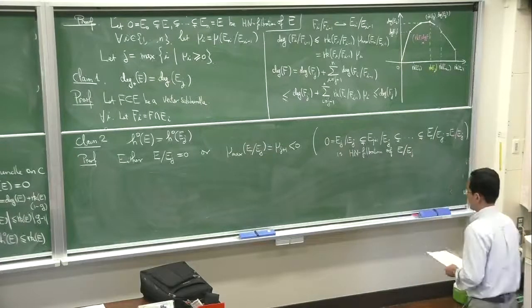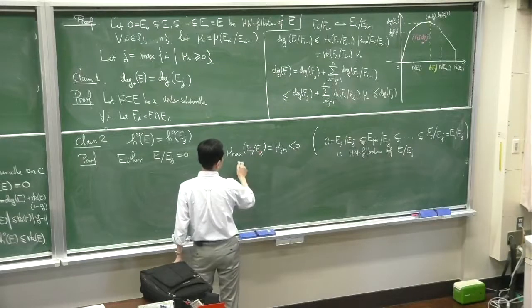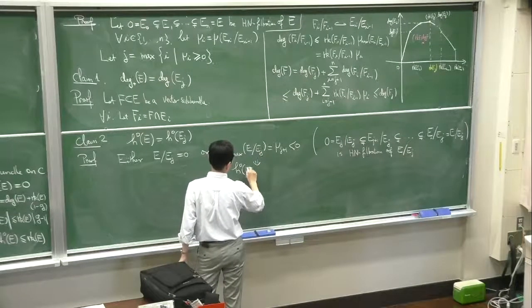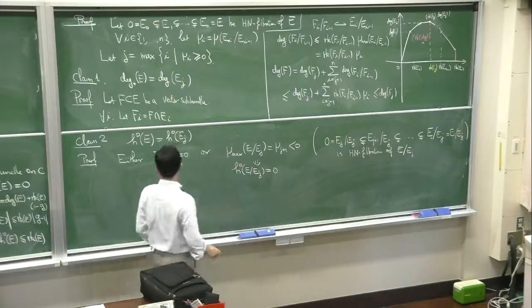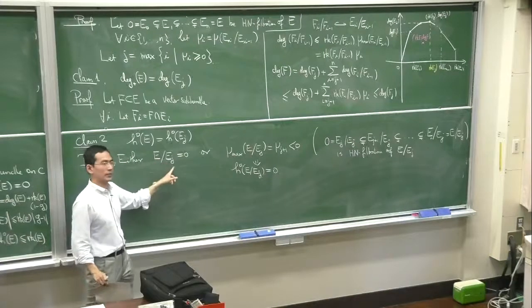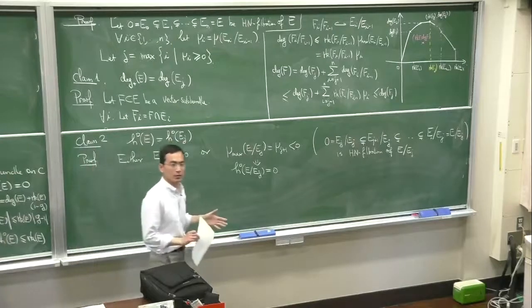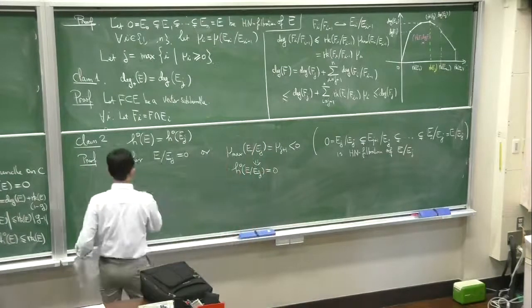So you will have this observation. If mu max is negative, then you find that H0 of E over Ej is 0. So in this situation, H0 of this one is 0.